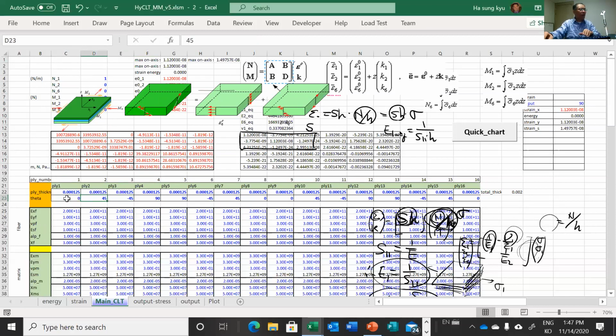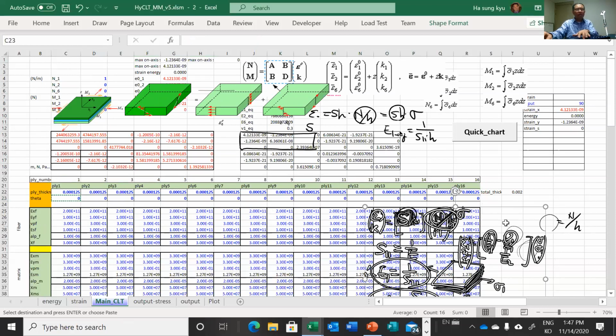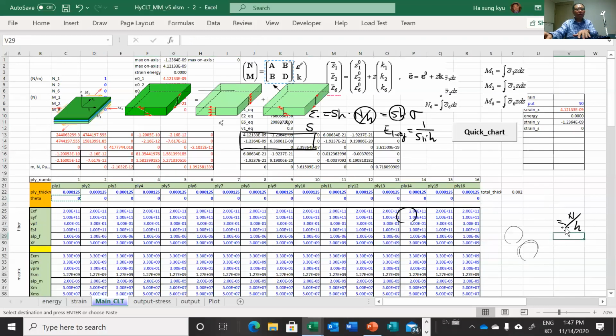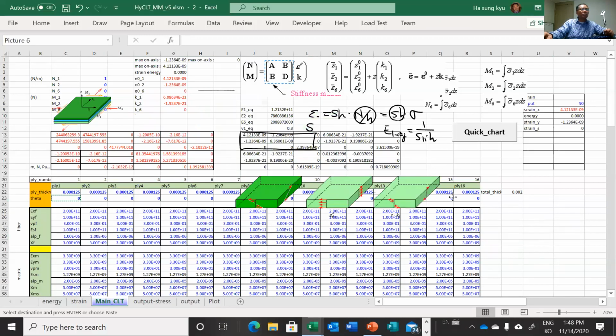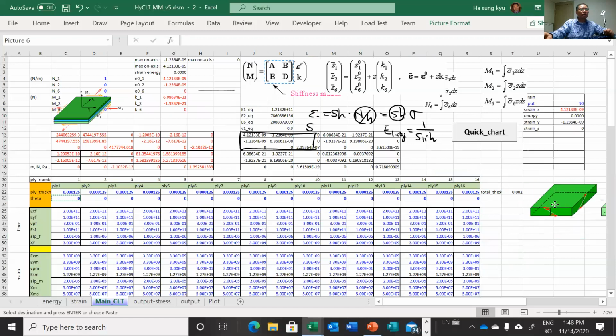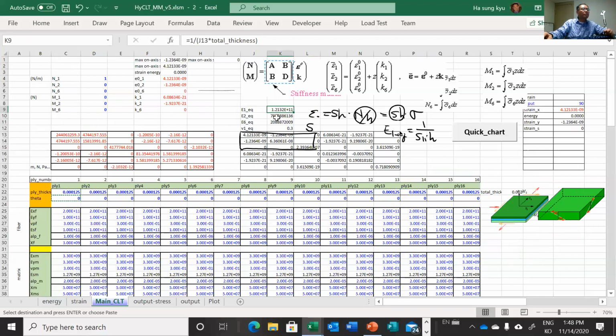Let's try the all 0 layup, so that we see how this is calculated, and let's take a look at how much the equivalent is.